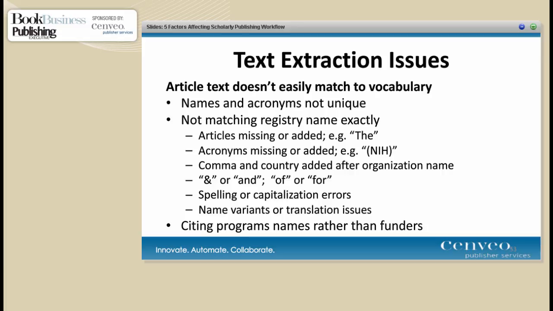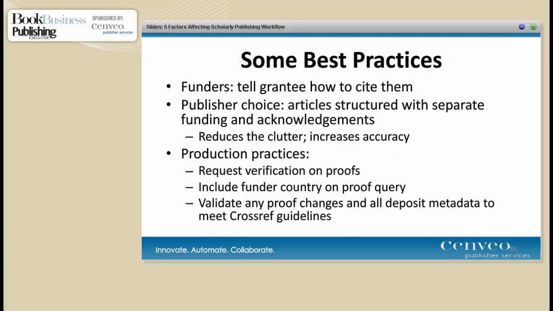Lots of instances of authors citing programs rather than agencies. So lots of challenges in correctly matching this, and this is why in CHORUS discussion, funding agencies have been encouraged to tell their grant recipients how to cite correctly so that the publishers receive valid information.